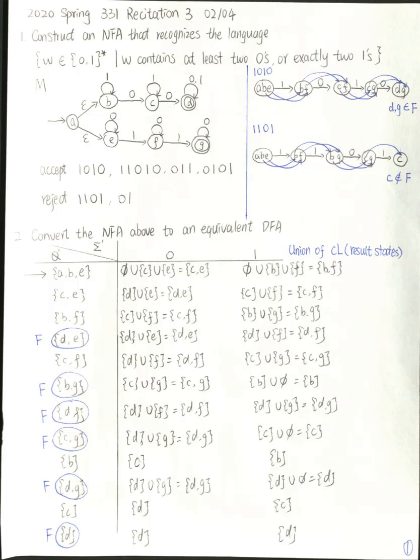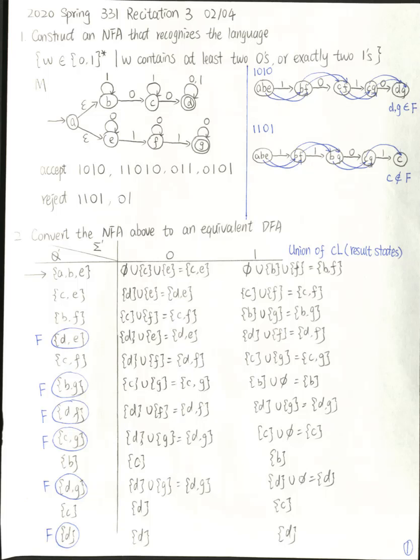Now let's check another example, 1101. This should be rejected because I have less than 2 zeros and I have 3 ones. Let's check the computation. Still, we start from A and take the closure of A, which is ABE.